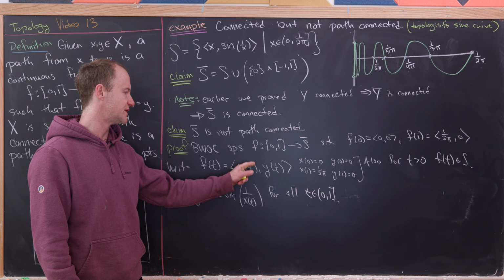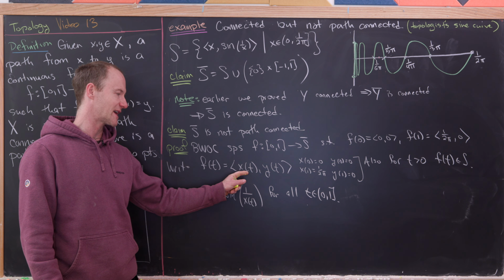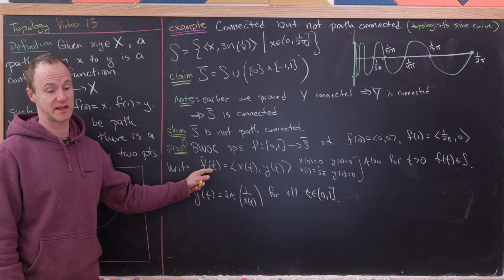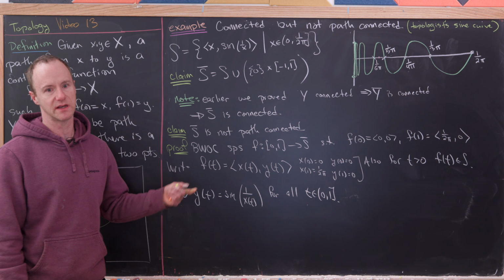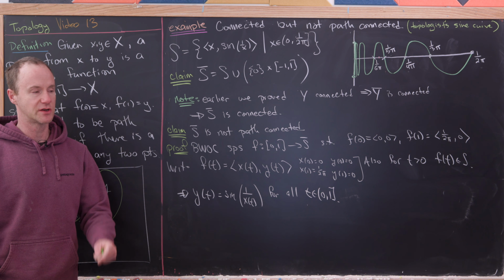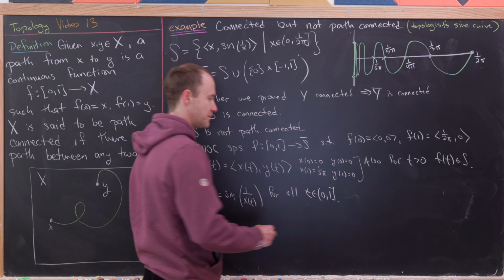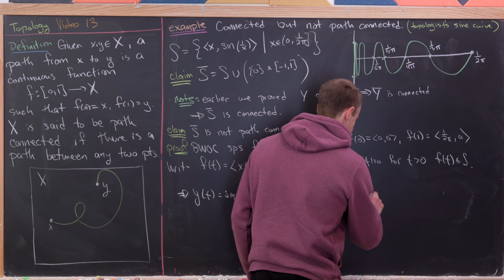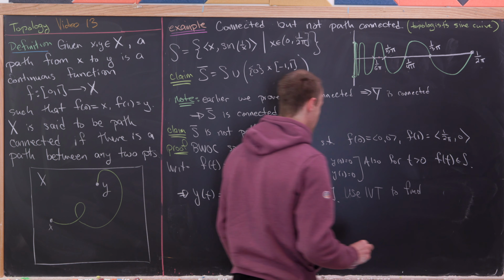Now we're going to use the continuity of our component function x. So we know this function x is continuous because f is continuous. And it's a component function that is building a continuous function. And what we'll use from the continuity is the intermediate value theorem. So let's use the intermediate value theorem to find some numbers.